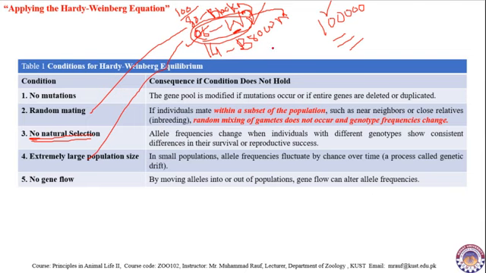So the change in the allelic frequencies by sudden chance events is called genetic drift. For example, allelic frequency that is changed as a result of diseases, shortage of food, unfavorable environmental conditions, or natural calamities, and they result in the death of those individuals which are carrying a unique allele.